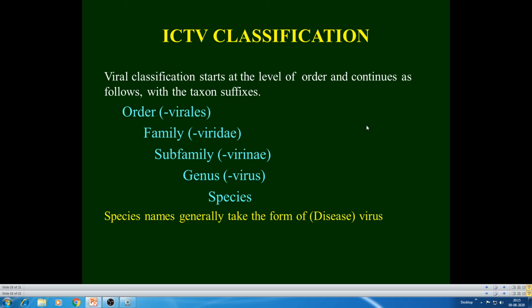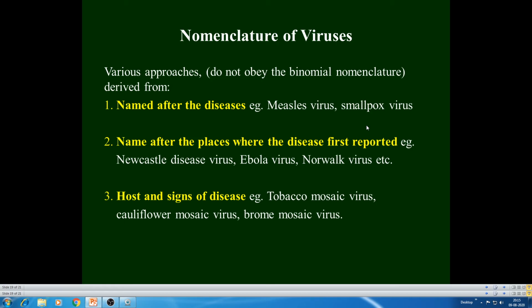Then subfamily Virinae, right? Then genus, Virus, and species name is according to the symptom or the disease. Likewise, the ICTV classified viruses: Virales, Viridae, Virinae. That means order, family, subfamily, genus, and species. This is the hierarchical system of classification. So that much about the classification of viruses.